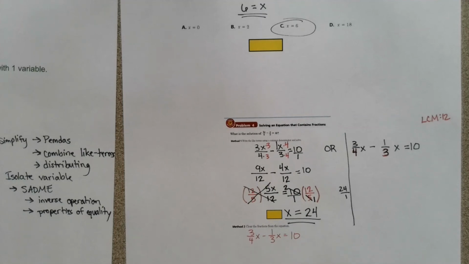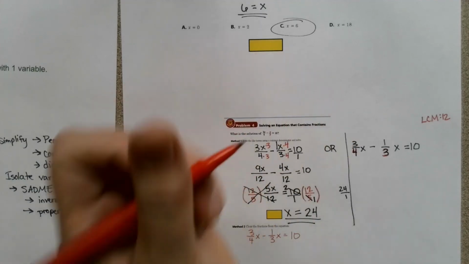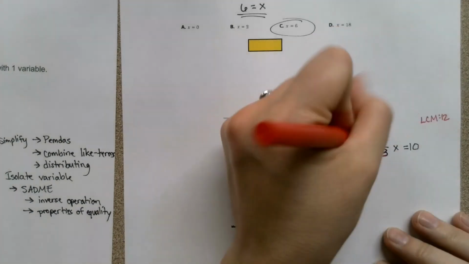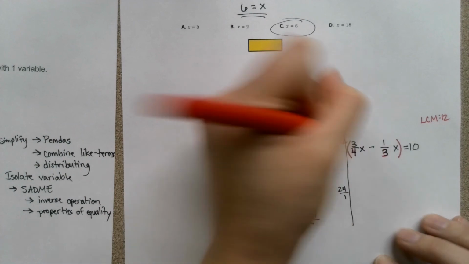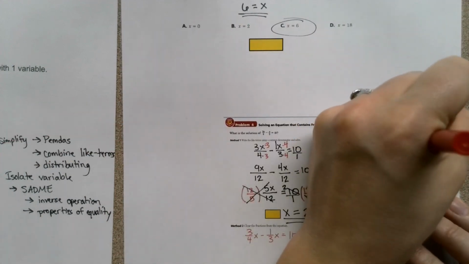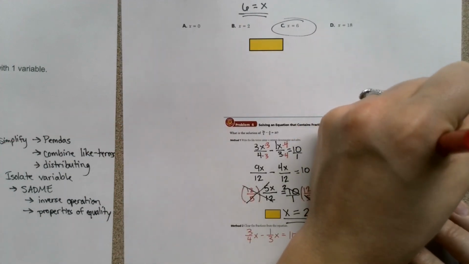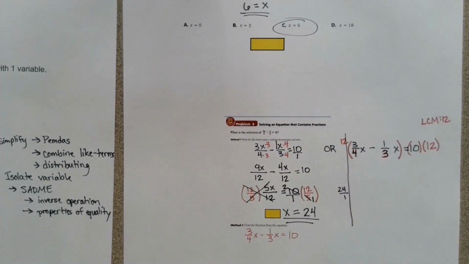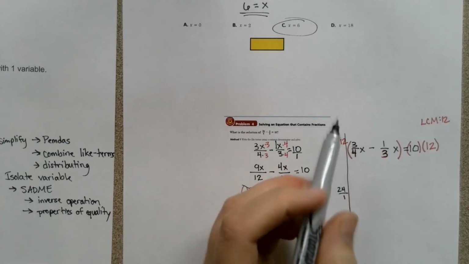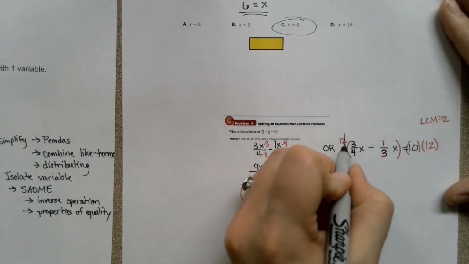What that'll look like, and what your work needs to show, is that we're multiplying it by everything in the equation. So we're going to show 12 over here, and actually 12 on the right side of the equal sign as well. So now, when we do this, we're saying that we have 12 times 3.